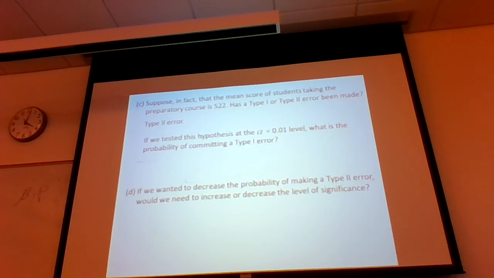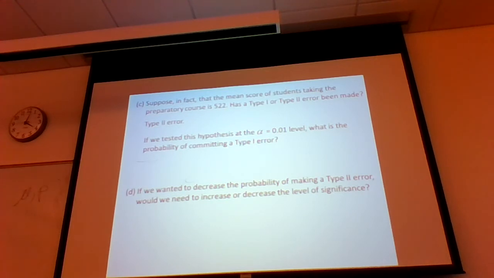So when we didn't reject it, we assumed it was what? True, the null hypothesis. But now we actually have evidence that it's false. So we didn't reject the null hypothesis when the null hypothesis is false. Why is it false?